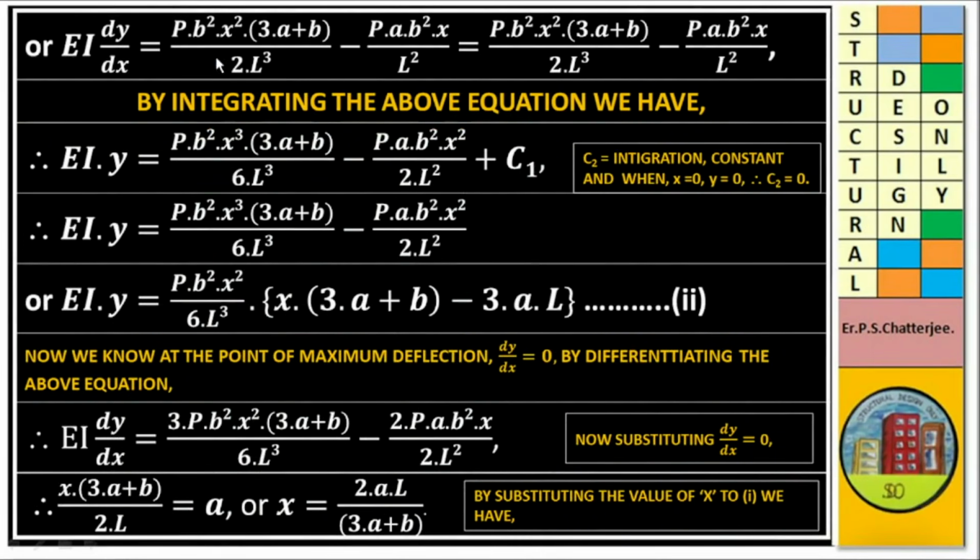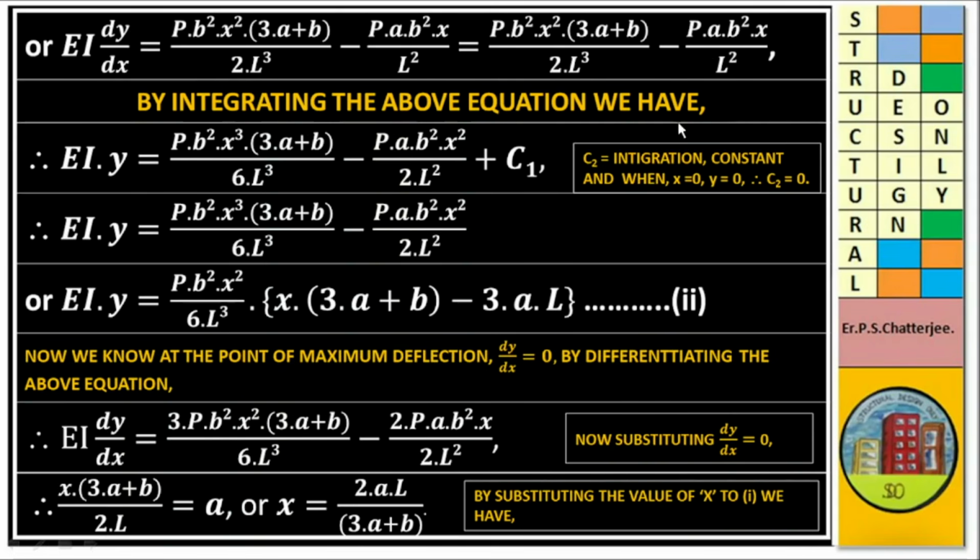Or EI dy/dx is equal to P into B square into x square into 3 into A plus B by 2 into L cube minus P into A into B square into x by L square.